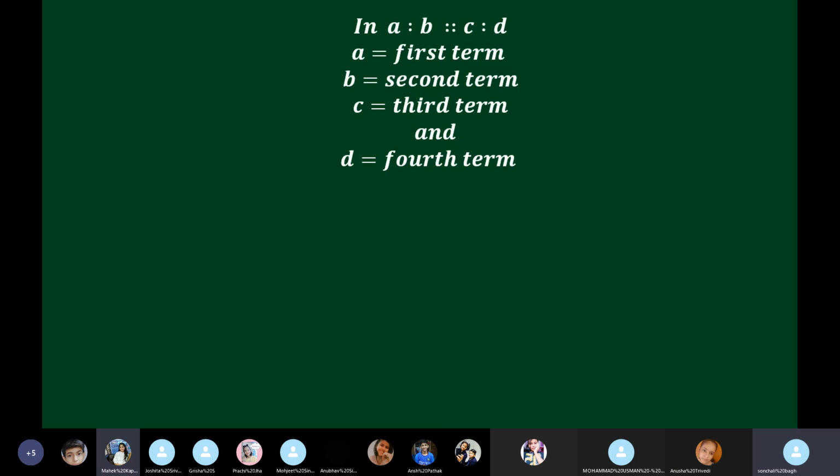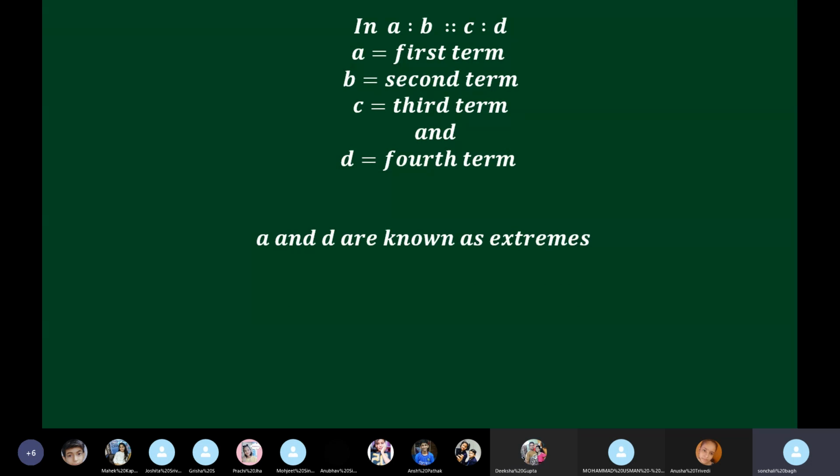C, third term. And D, fourth term. If the question says the second term is missing, which number is missing? D. If the question says the fourth number is missing, find A. Clear? So accordingly, you have to understand which position we are talking about.